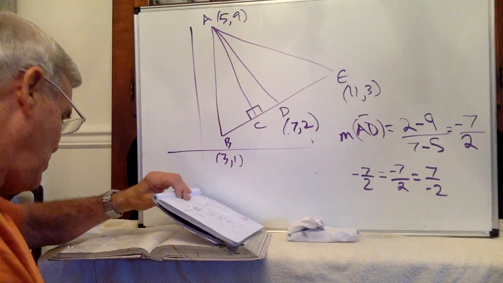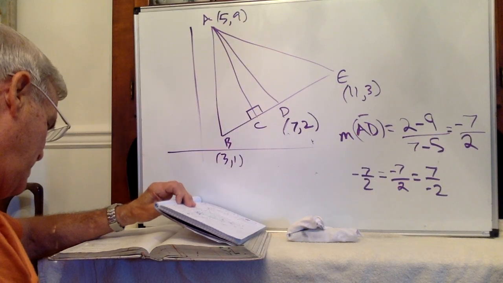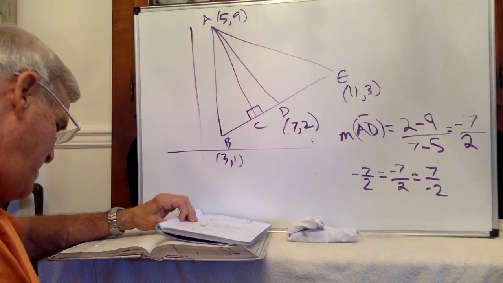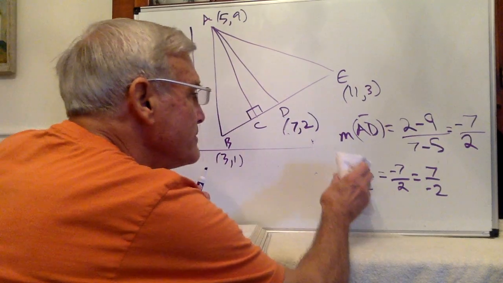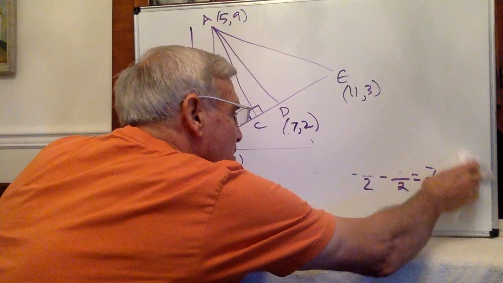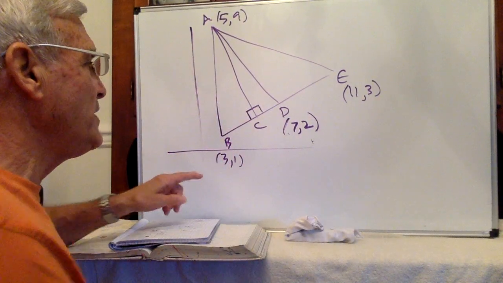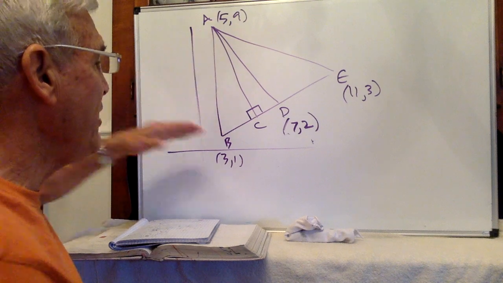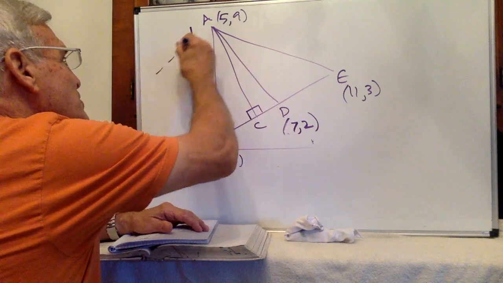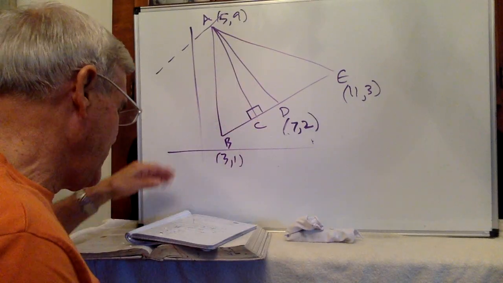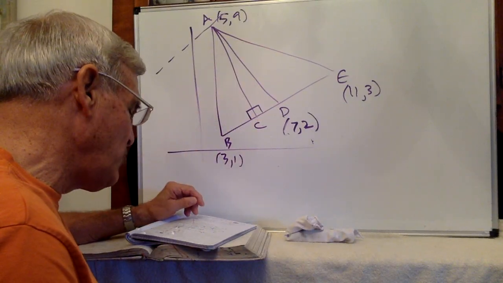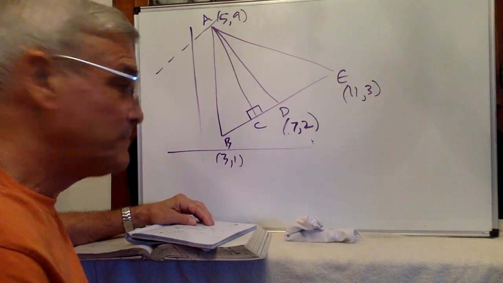Then the last part, it said a line through A parallel to BE. They said, what would be the slope of a line through point A parallel to BE? So if I drew it this way. Well, we said that in part A, the slope of BE was 1/4.